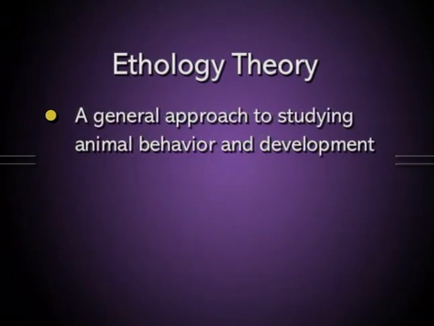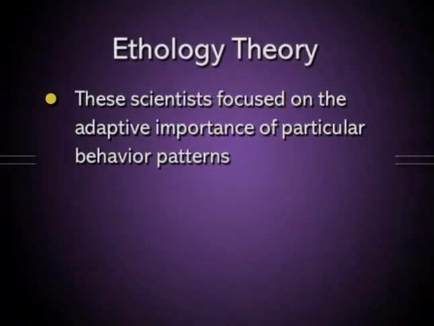Ethology theory is really a general approach to studying animal behavior. These folks were biologists, naturalists, but they studied behavior in animals and development of behaviors in animals that focused on the adaptive importance of particular behavior patterns.